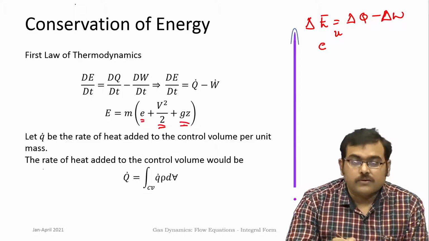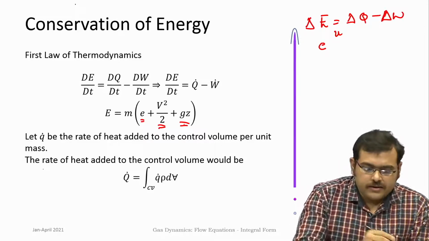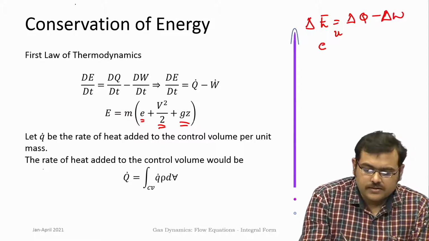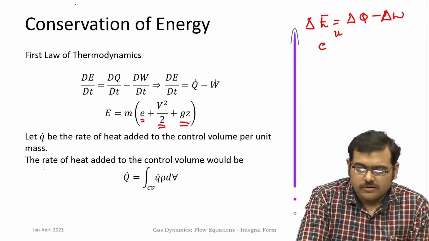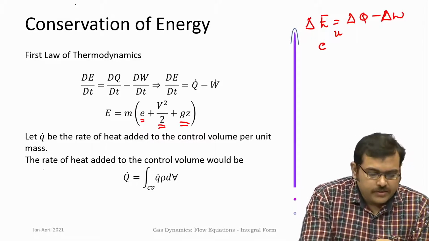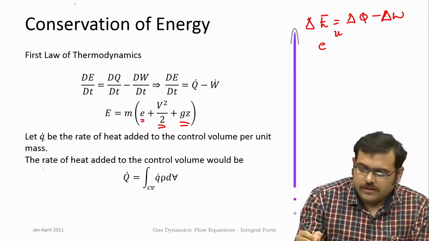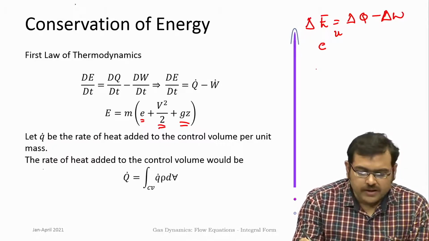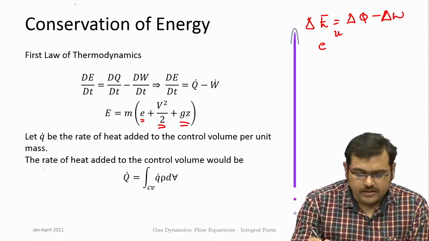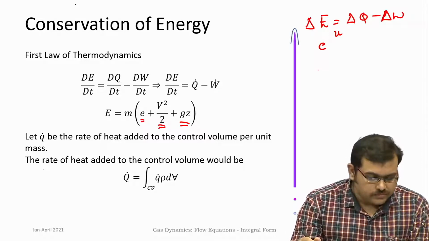Okay. As stated, the total energy is mass times this summation of all the energies, and Q dot can be the specific rate of heat added to the control volume per unit mass. So, it is a specific quantity, and similarly one can represent W dot also.